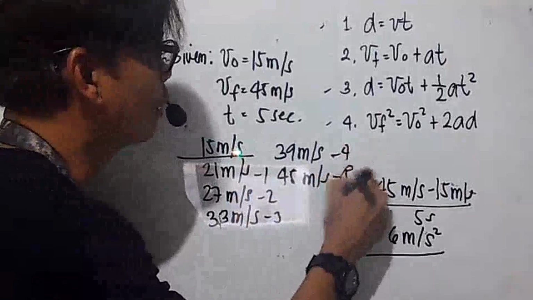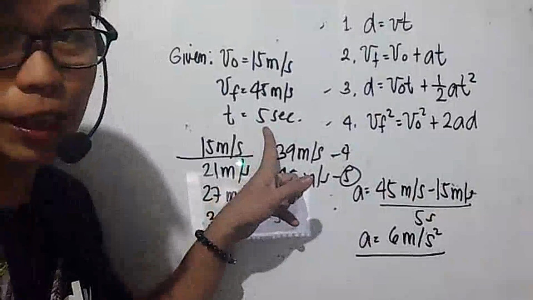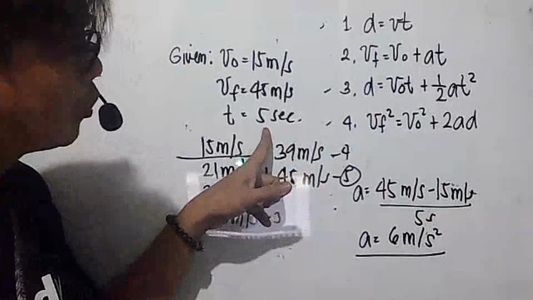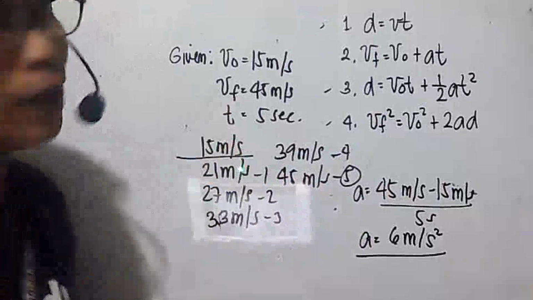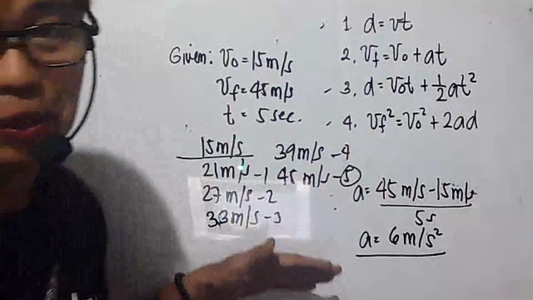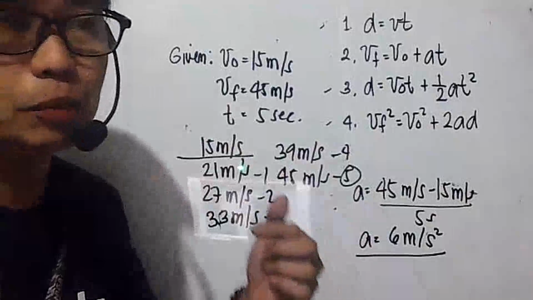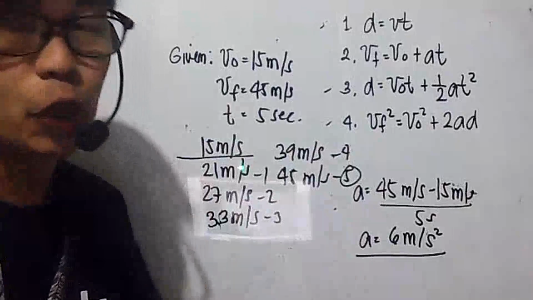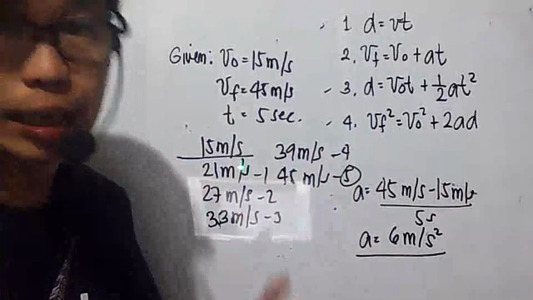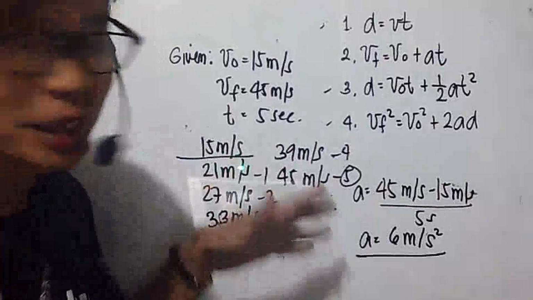And then in the fifth second, so pang 5 segundo, sabi niya, it's in 5 seconds siya, right? So ang bilis niya now, its final velocity niya is equal to 45 meters per second. So you did not show naman this, na parang pinakita ko lang ang ibig sabihin na. So it increases 6 meters per second ang kanyang velocity per second. So that's the acceleration. Okay, so hopefully maliwanag siya.